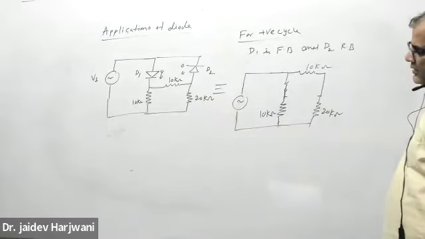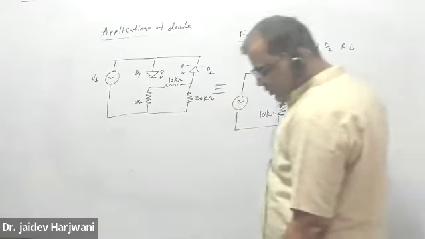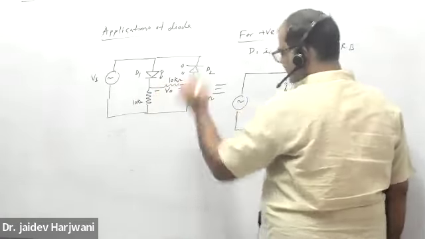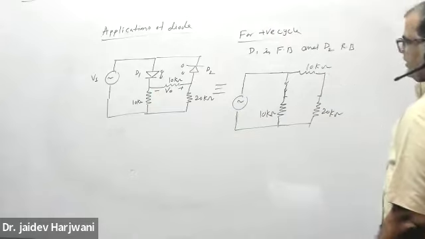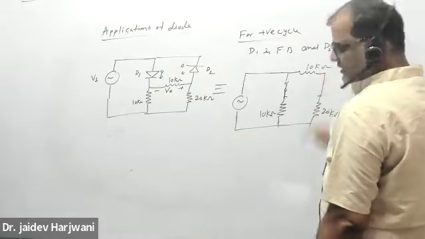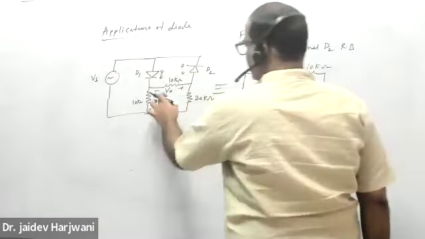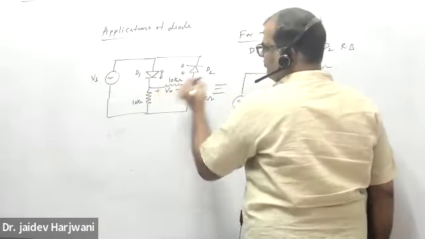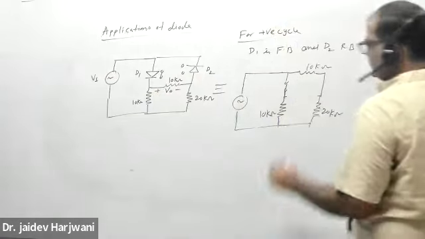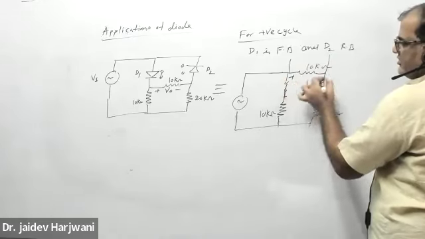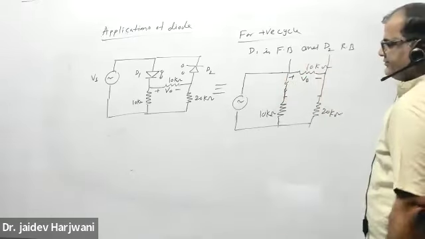Now I want to find the output here. The question they are asking is, what is the average value of the output here? I want to measure the voltage across RL.